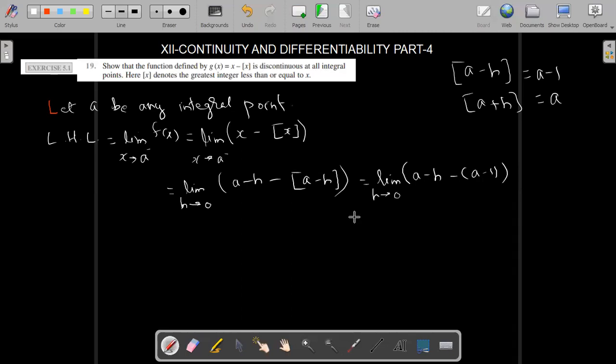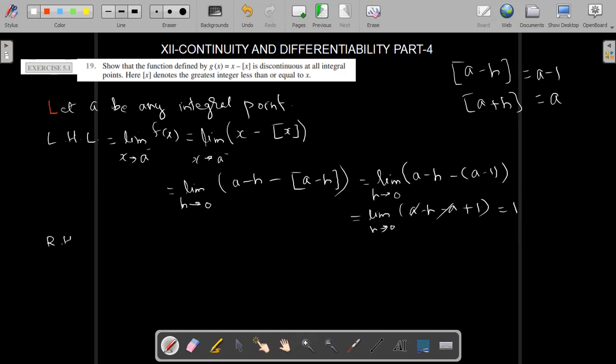So we get limit h tending to 0, a minus h minus a plus 1, and a already cancelled, and put the value of h, we get answer 1, left hand limit.